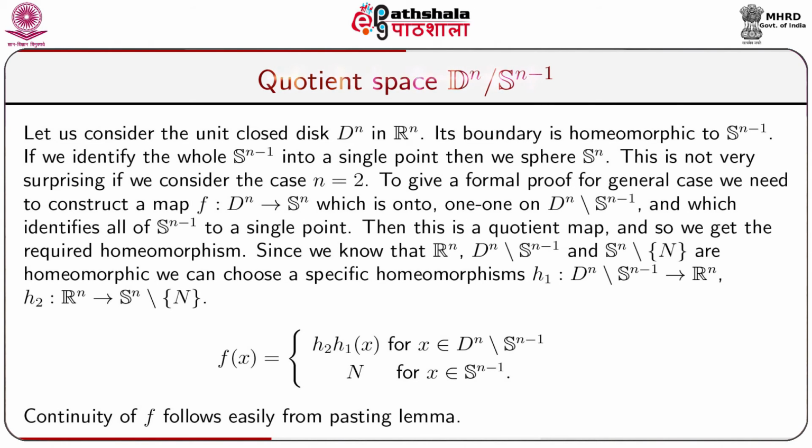Before that, let us make a convention that if X is a topological space and A is a subset of that topological space, and we identify the whole subset A to a single point, then we shall write the quotient space as X by A. Following this convention, if we identify the boundary of D2, which is S1, to a single point, then we shall write it as D2 by S1.